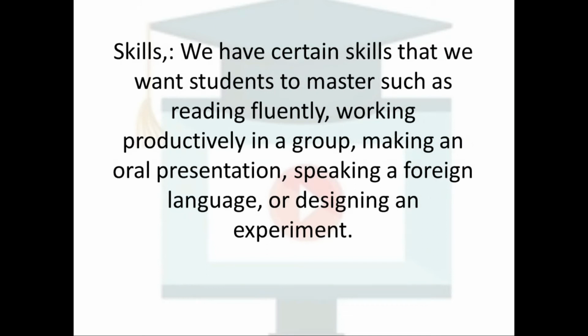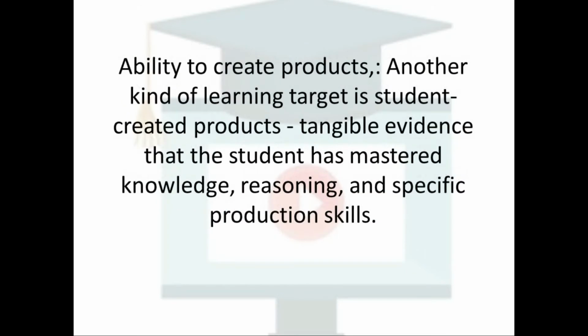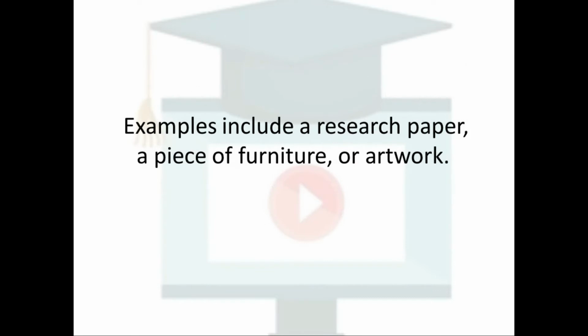Skills. We have certain skills that we want students to master, such as reading fluently, working productively in a group, making an oral presentation, speaking a foreign language, or designing an experiment. Ability to create products. Another kind of learning target is student-created products, tangible evidence that the student has mastered knowledge, reasoning, and specific production skills.